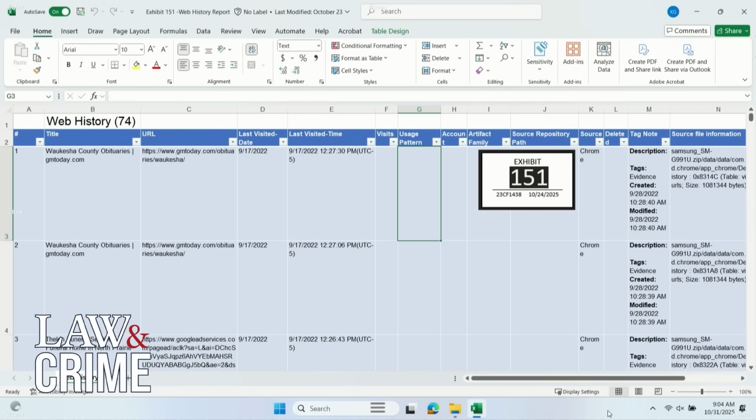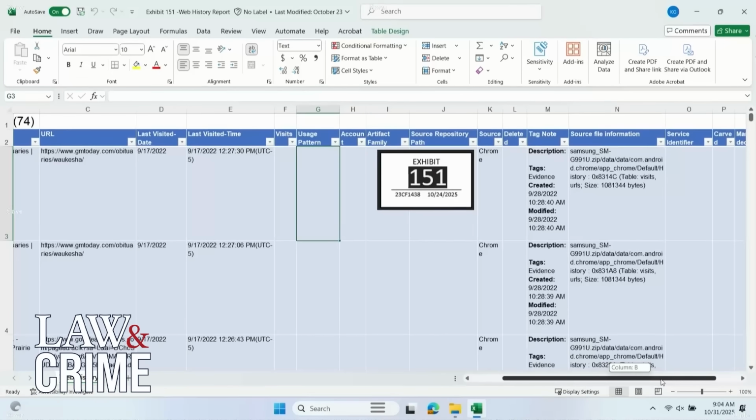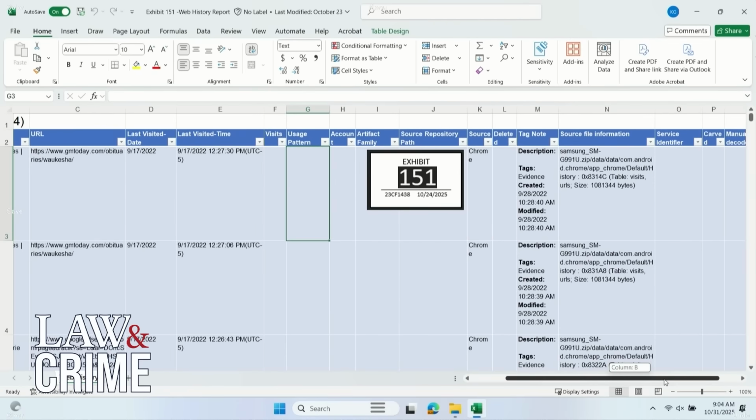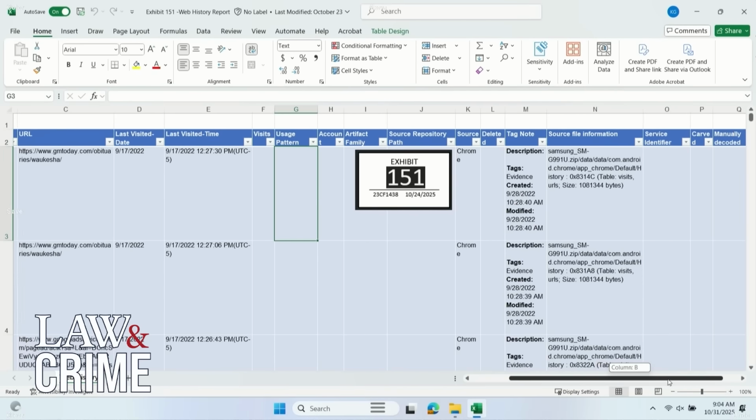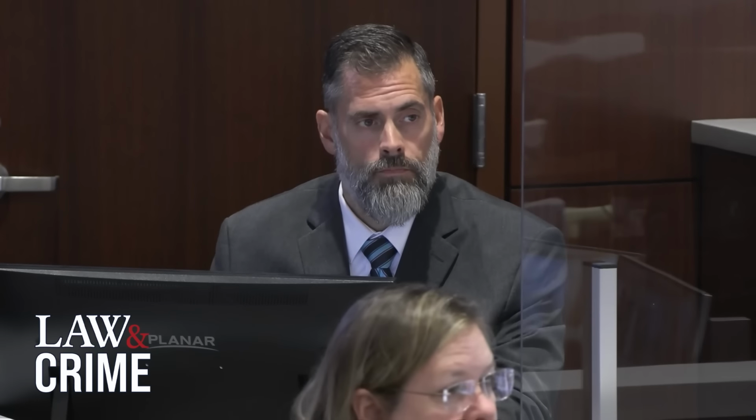It'll also have the date and the time. Okay. And farther over, it shows the source was Chrome. That would be the browser that they used to search. And then it shows evidence created, tags. That's us marking that as evidence. And then it goes through the source file information. I can't speak to everything on the source file information, other than the fact that it comes from a Samsung. Matthew Pahl's device. Correct, it was a Samsung.